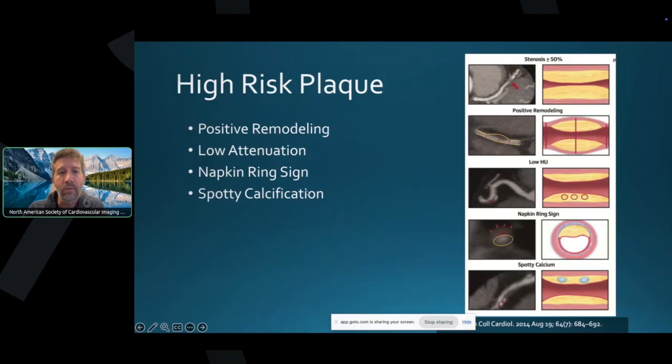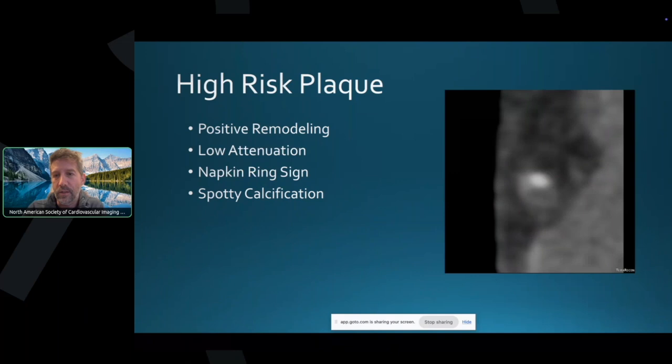A napkin ring sign, which is an area of higher attenuation surrounding a more low attenuation core, and spotty calcification. All of those are features of high risk plaque. We consider a plaque high risk when we find at least two of these present at that site.